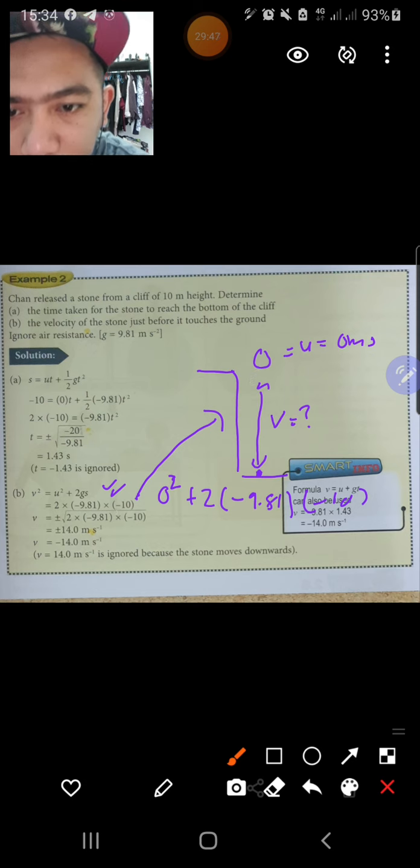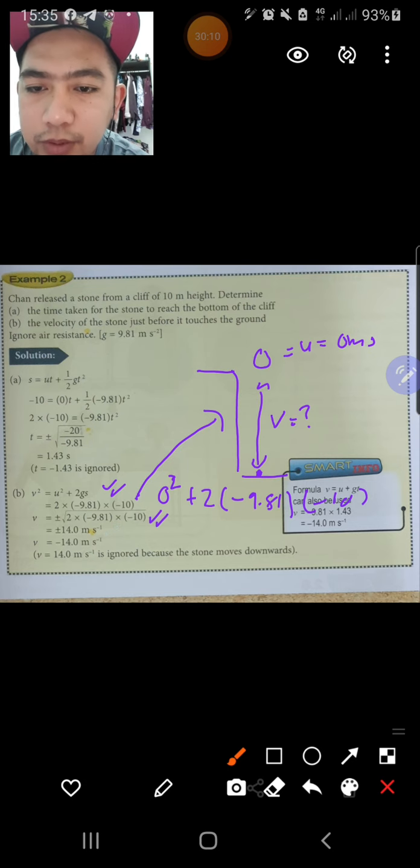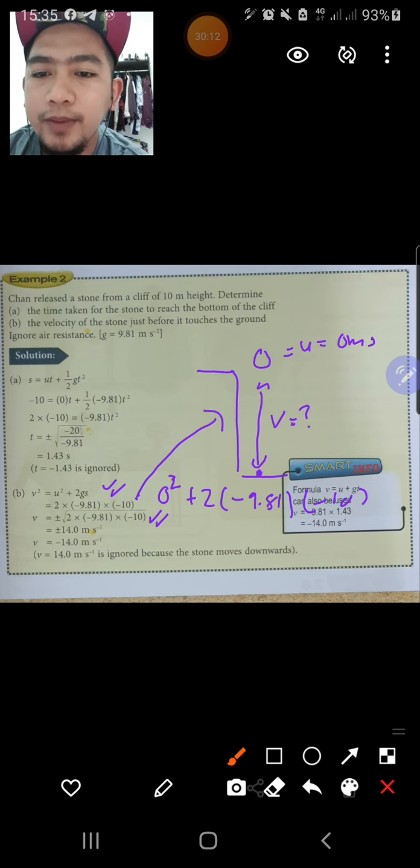Then you manipulate, and it will become like what we did just now: 2 times negative 9.81 times negative 10. You should put this plus minus. After you calculate, you will get plus minus 14 meter per second. Which value do we choose, positive 14 or negative 14?